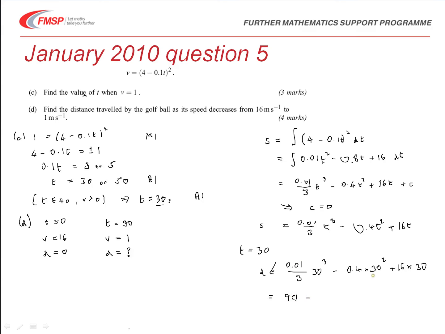Minus 30 squared is 900, times 0.4, that's going to give you 360. And then the 16 times 30 is 480. And so in total that will give you a result of 210.